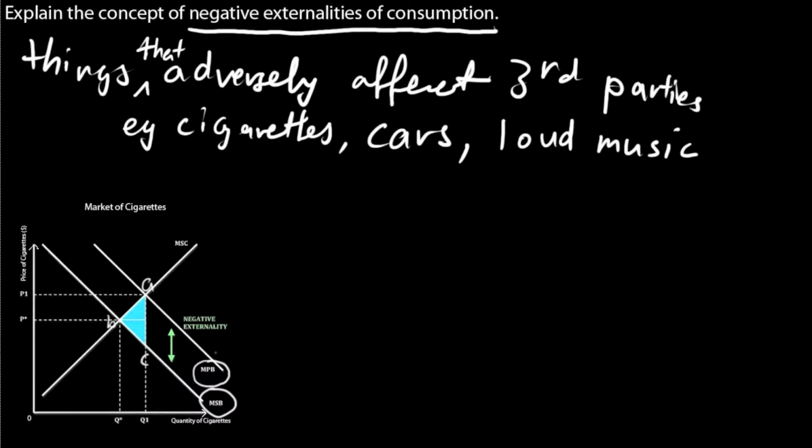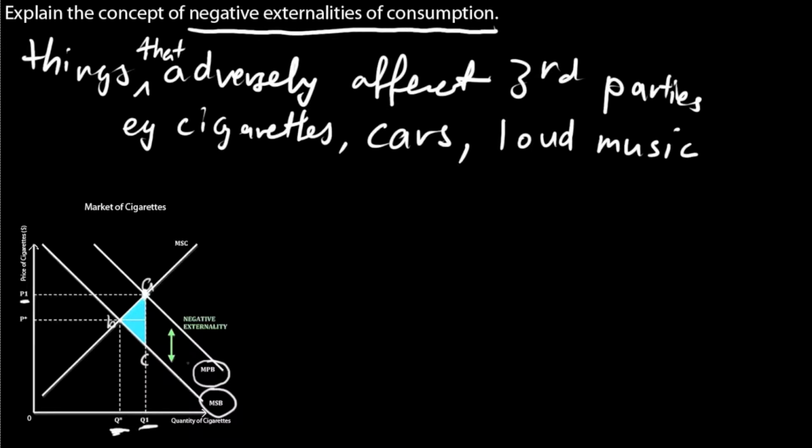In the free market, consumers maximize private utility or their benefit and consume at a level where the marginal social cost is equal to the marginal private benefit at point A. They'll ignore negative externalities that they create, which means they'll overconsume by consuming at quantity Q1 at price P1 instead of consuming at the socially efficient quantity Q star.